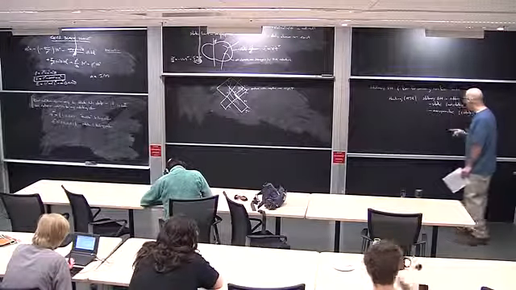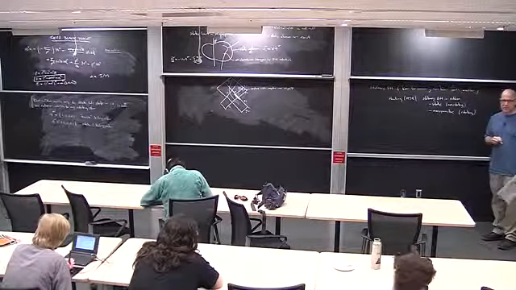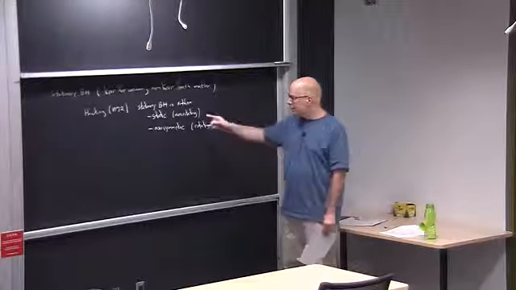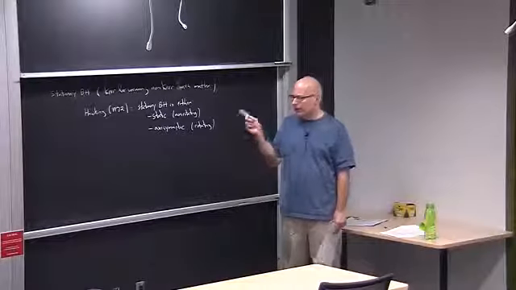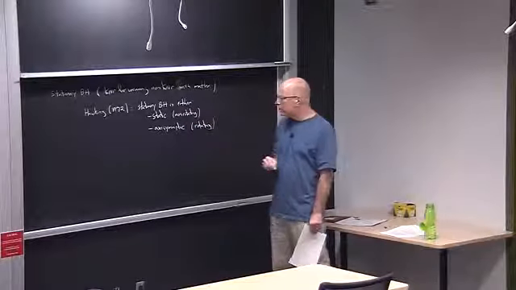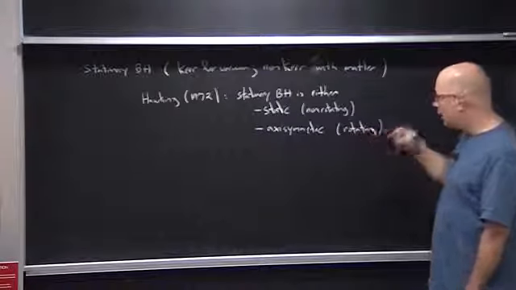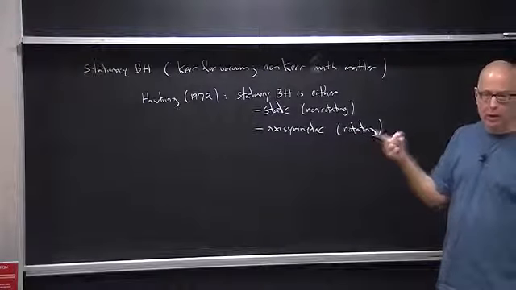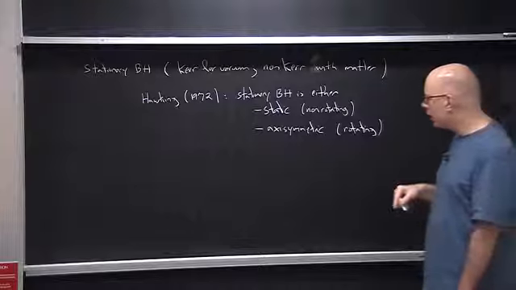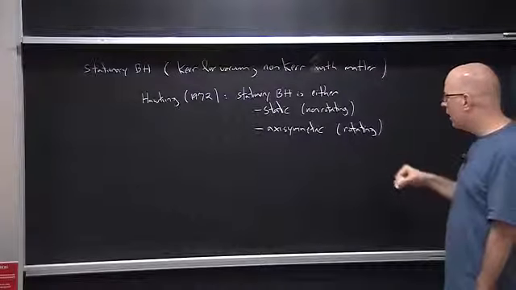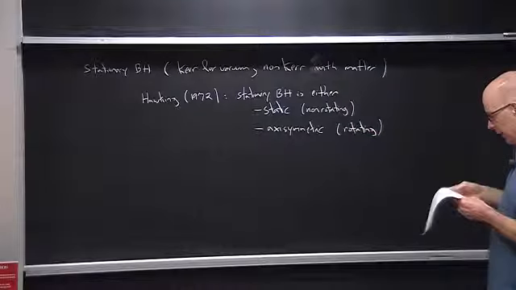So a stationary black hole is either static. If it's static, that means that it's non-rotating. And if it's non-rotating and it's static, then there's still two Killing vectors, but one becomes more important than the other. If it's axially symmetric, then we have the one Killing vector and we have the other Killing vector. So basically, any stationary black hole will always have a guaranteed existence of two Killing vectors.